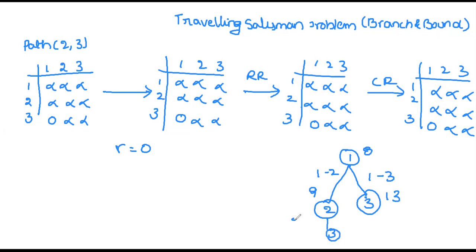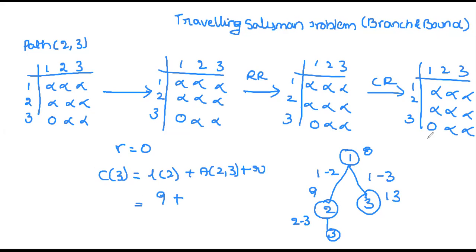So we need to calculate the distance from 2 to 3. Here we are going to calculate the lower bound of 3. So the cost of 3 is equal to, what is the formula? Lower bound of 2 plus A of 2 comma 3 plus row reduction. The lower bound of 2 is 9 here.